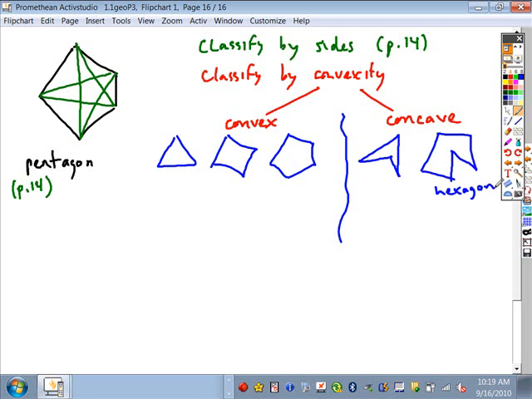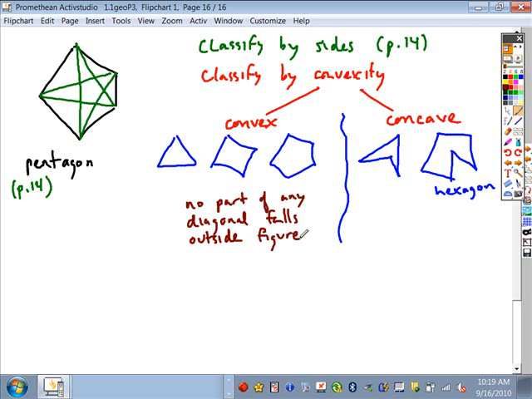Okay, the difference in these has to do with the location of diagonals. In a convex quadrilateral, no part of any diagonal falls outside the figure. So in a convex polygon, any diagonals that you draw will always remain in the figure's interior.